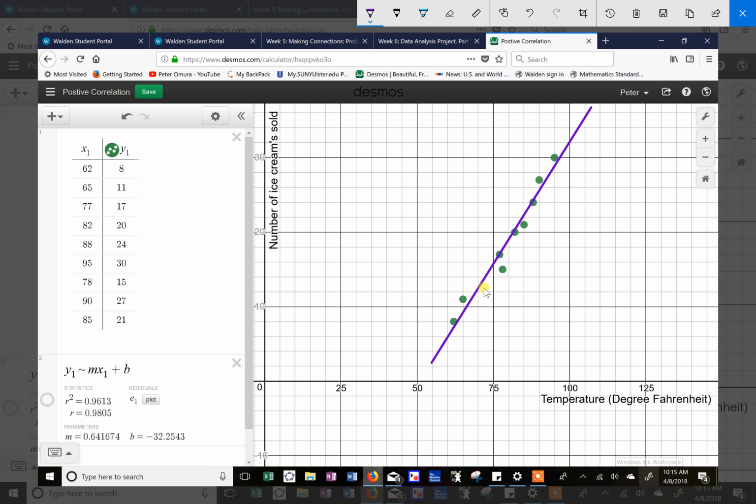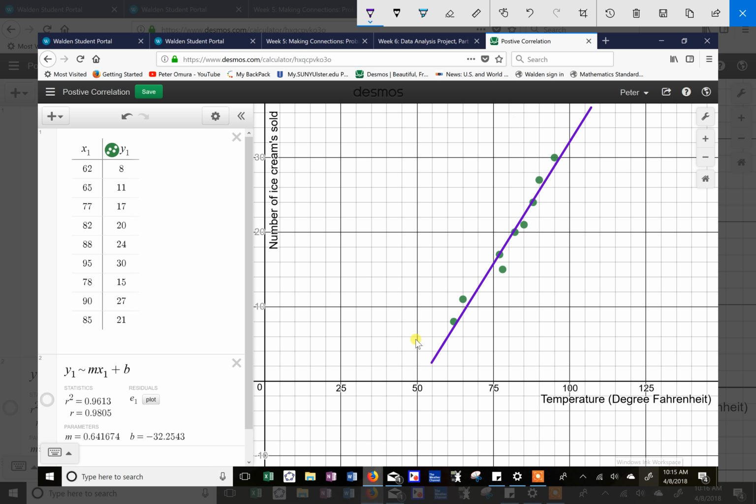Because 3 of the points are slightly above the line, and 2 of the points are just slightly below, I'm going to say that this is a very, very good positive correlation, which means as the temperature is getting higher, the number of ice creams sold should be increasing. So as my x-axis is increasing, my y-axis is also increasing. So let's go see what's actually going to happen.